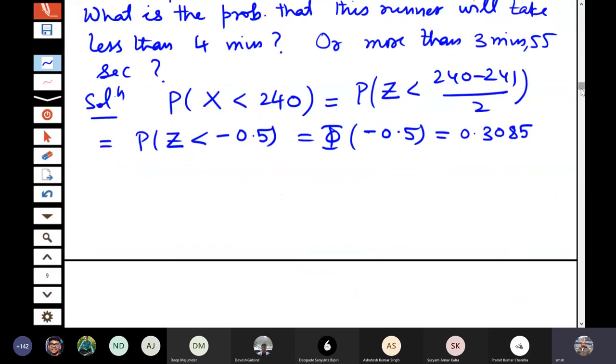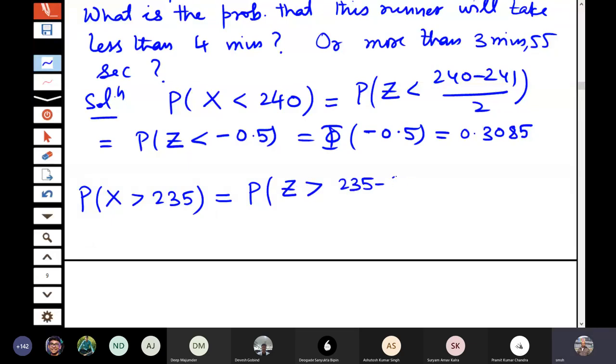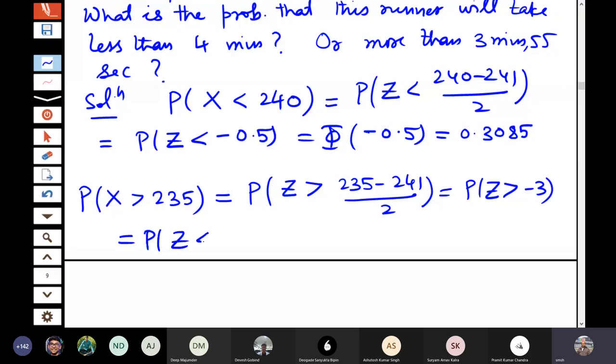Similarly, let us look at the second part. What is the probability that he will take more than 3 minutes 55 seconds? 3 minutes 55 seconds becomes 235 seconds. Converting to Z, this becomes Z greater than (235 minus 241) by 2, that is probability Z greater than minus 3, which is the same as probability Z less than 3, that is phi of 3.